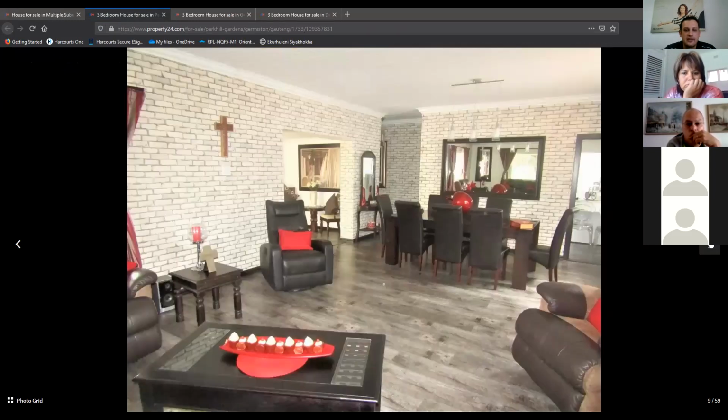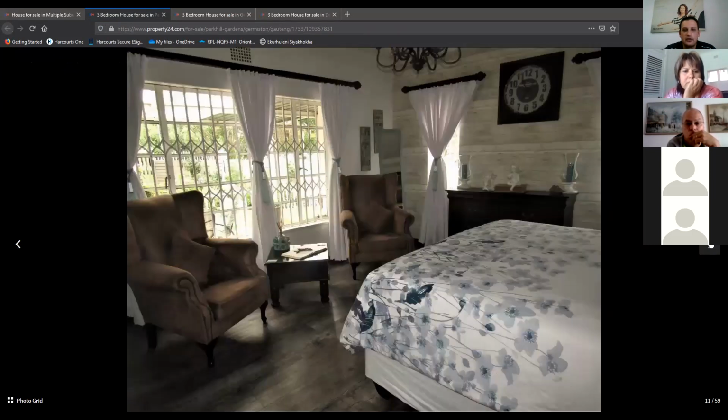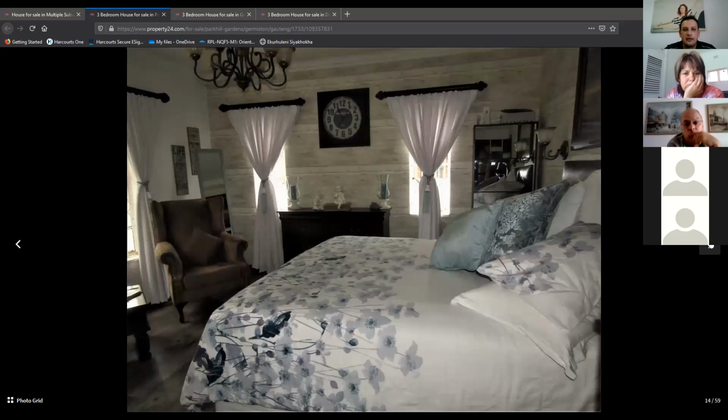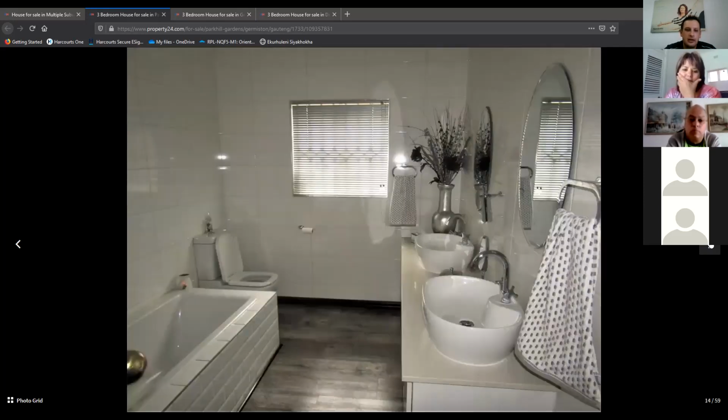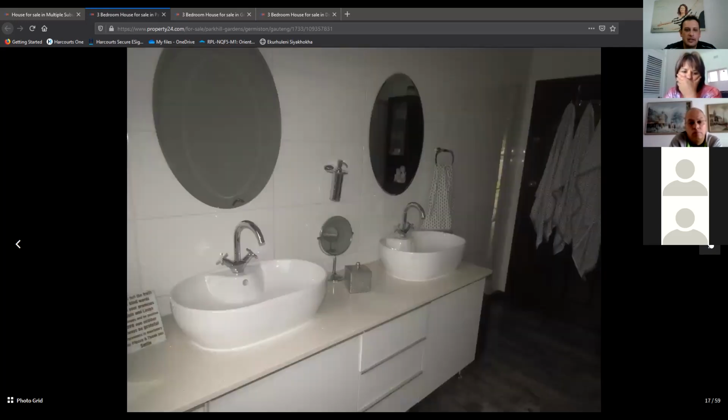It's like chalk and cheese. Well, the agent could have taken better pictures for you. Yeah, she took it off her cell phone. I mean, look how beautiful your bathroom is. Stunning property.